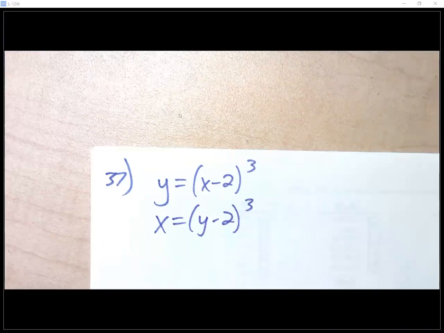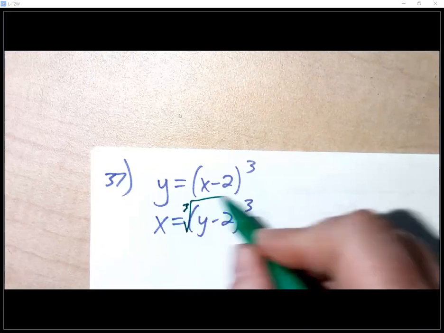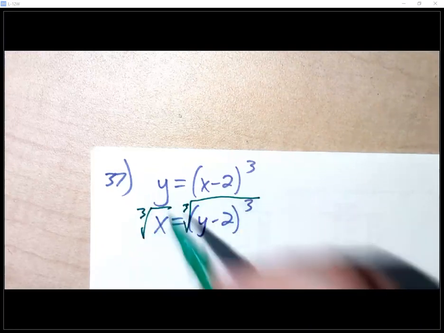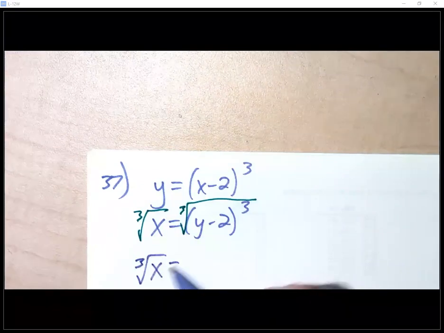There's step 1. Step 2 is now solve for y. What would my first step be to get that y by itself? I need to take the cube root of both sides because I need to undo cubing something. So now I have the cube root of x equals y minus 2. And now I'm really close.